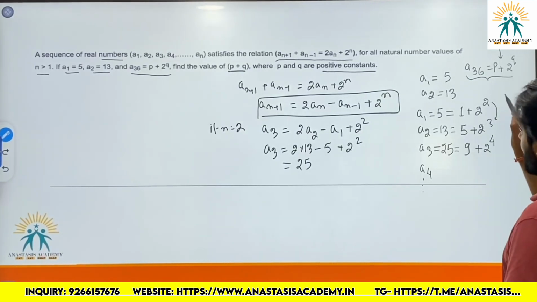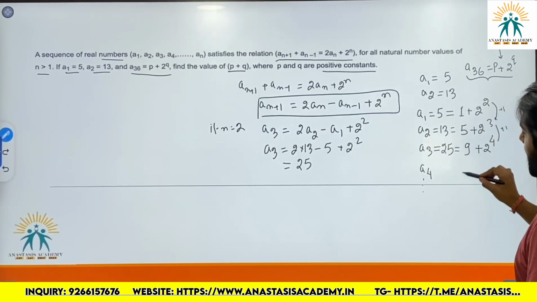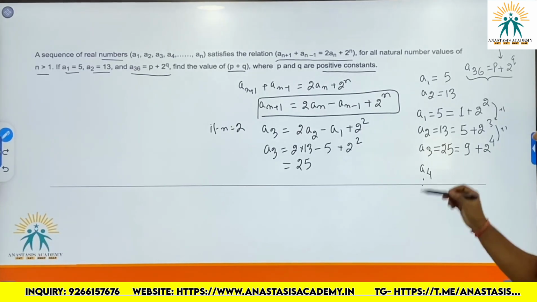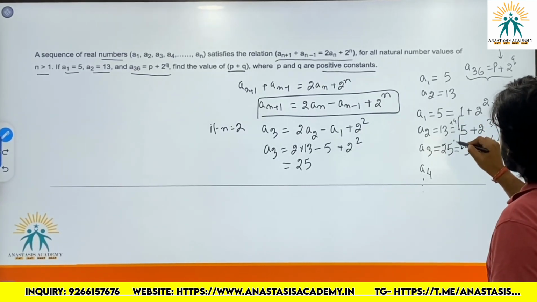Now, we can observe that the power of 2 is increasing by 1, and this series is nothing but an AP with a common difference of 4. 1 has increased by 4, 5 has increased by 4.